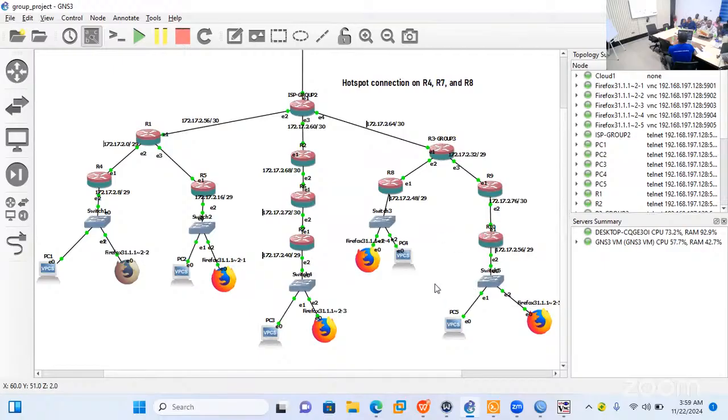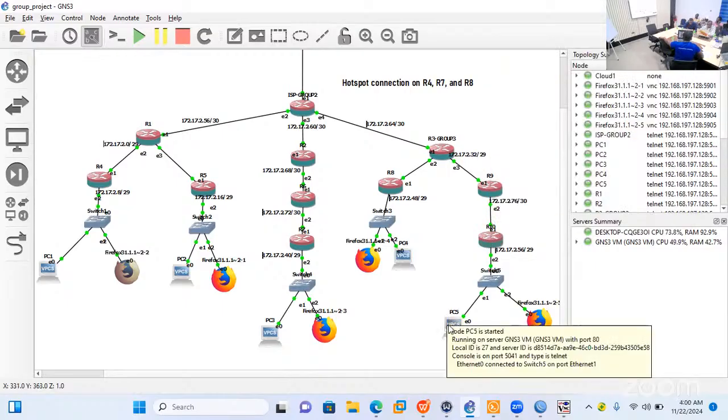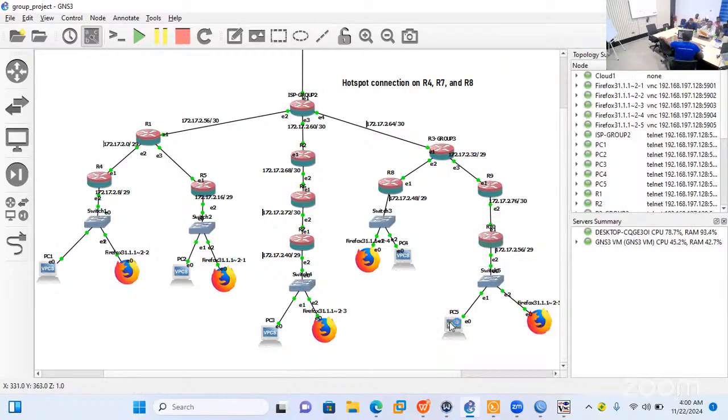Which network here is without hotspot? Here I have 8. Okay, without hotspot. Yes, without hotspot. Arrow 9 is without hotspot. Sorry, arrow 10. This one here. Yes. So let's log on to the computer at that end.